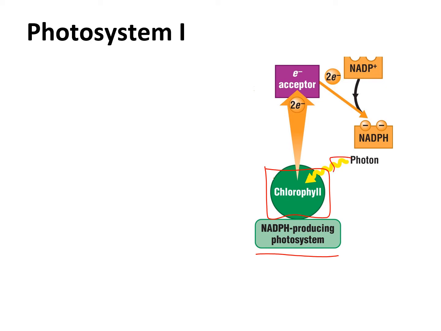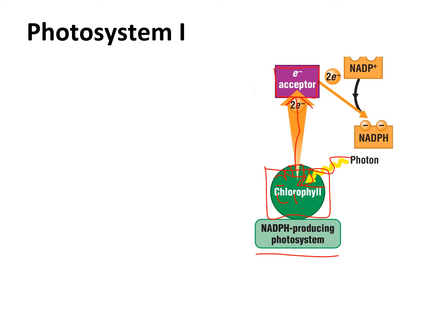When the photons come in and interact with those pigments, the photons are going to transfer their energy to electrons on the pigments. Those electrons get transferred from pigment to pigment until it gets to a reaction center chlorophyll. And then the electron is so excited it's going to leave the chlorophyll and go to an electron acceptor.